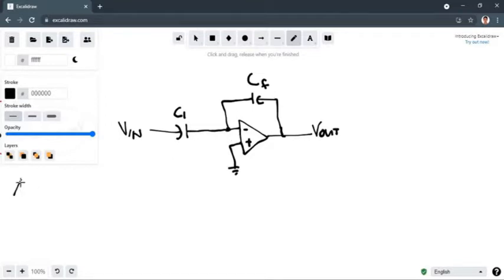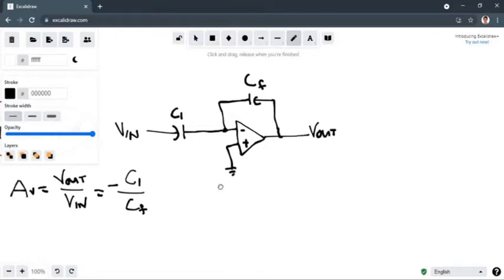So the voltage gain is equal to Vout over Vin, which is equal to negative C1 over CF.